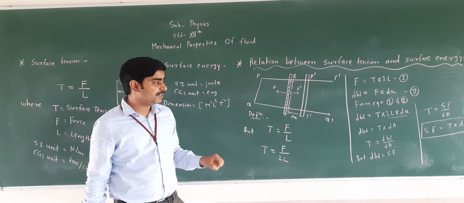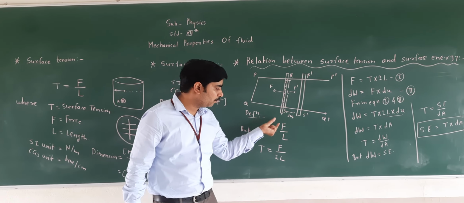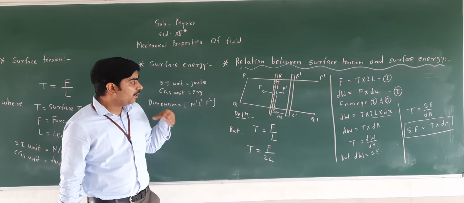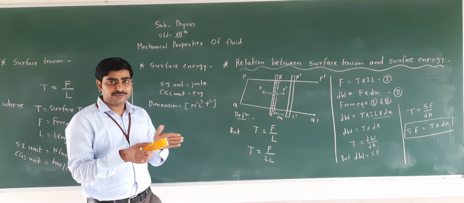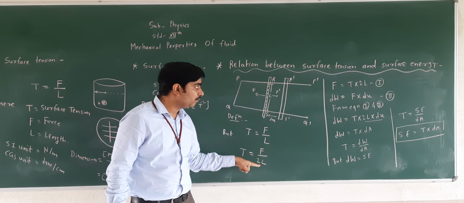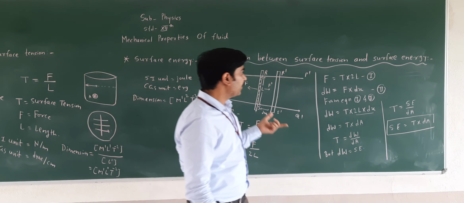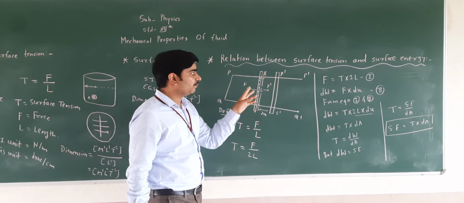According to the definition of the surface tension, T is equal to F upon L. Surface tension is equal to force per unit length. But there are two surfaces in contact with the air for the rectangular frame. So T is equal to F upon 2L. Now F is equal to T into 2L. Right. So we have written the equation for the force.